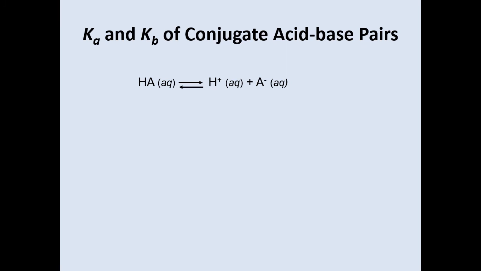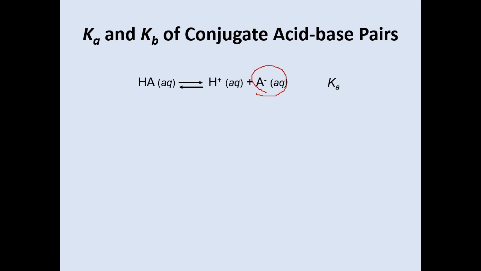That is the acid dissociation, where hydrogen ion and its conjugate base are produced, and we can express the dissociation constant by Ka. We know that it will be equal to the concentration of hydrogen ion times the concentration of the conjugate base over HA.